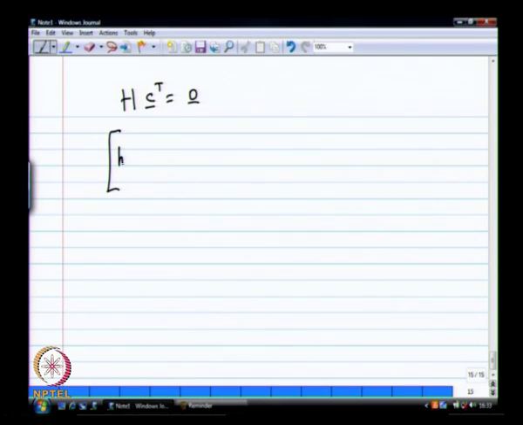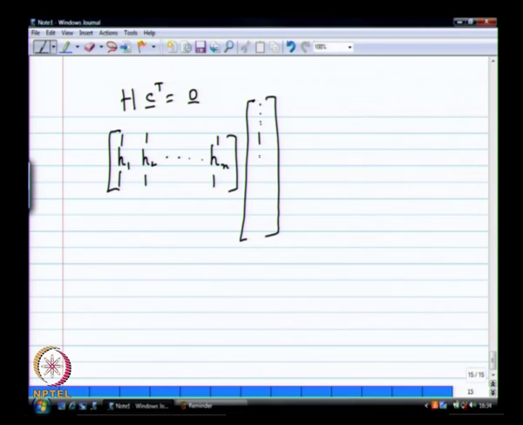Okay. So, let us say the first column of H is H1, second column is H2, so on. There will be n columns, and I will assume that in C you have W 1s, and these are in the I1th position, I2th position, so on till IWth position.